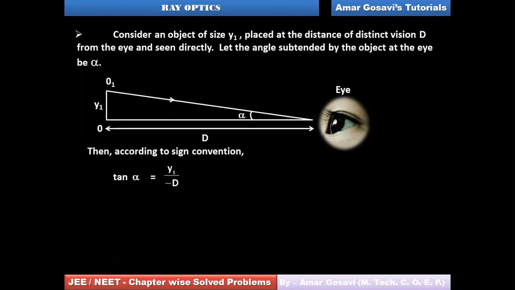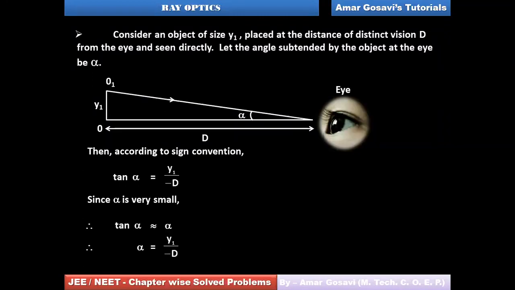But because alpha is very small, tan alpha can be approximated to alpha. Then the same equation becomes alpha equal to minus y1 by d, or y1 by minus d to be more specific. Please make a note of this first equation.